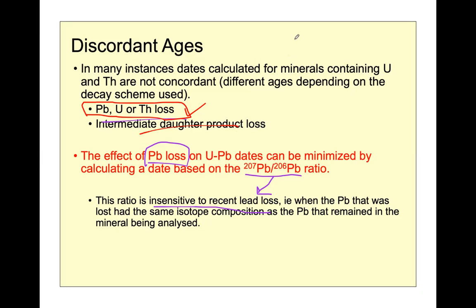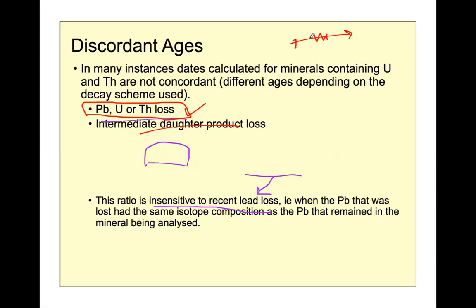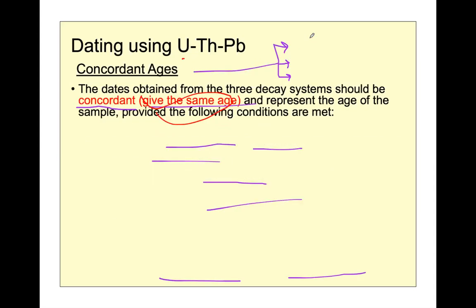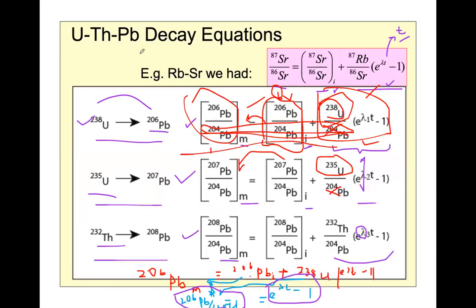Because although we see that 238 forms 207, it's not a direct production, right? It's not a direct production because there are some intermediate steps. Some temporary isotopes are produced during this intermediate production. Because you see here, although we say that 238 produces 206 later, right?